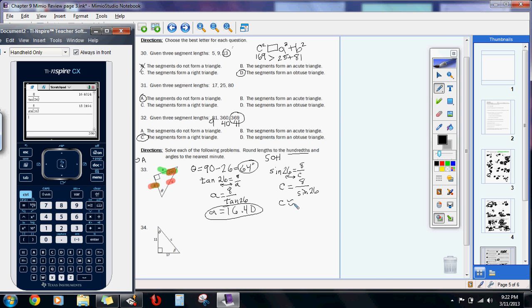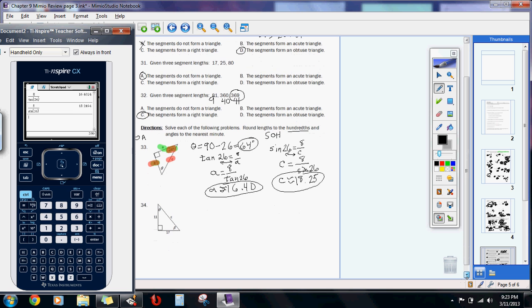We should say approximately, I should have said that a minute ago because we rounded, but C is approximately 18.25. So I have found the items that they asked me for, and this is basically the scenario where we have one side given to us and one angle given to us.